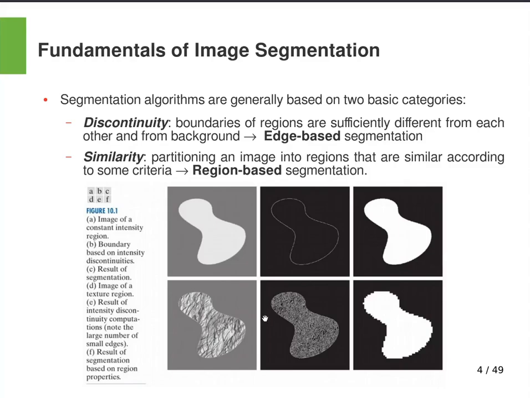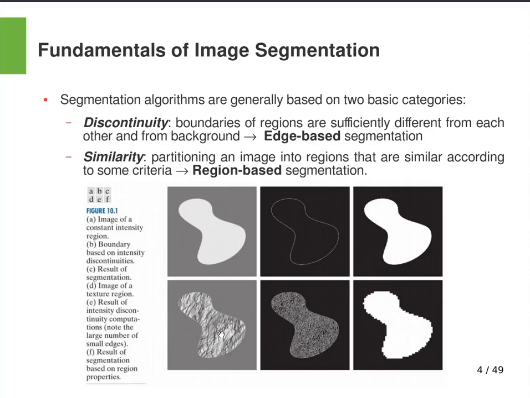Let's take a look at another example. Here we have an image of a blob, but this time the intensity inside the blob is not constant, but it has a texture, and as you can see, the texture is pretty uniform across the blob, and the difference between the blob and its background is basically from its texture.